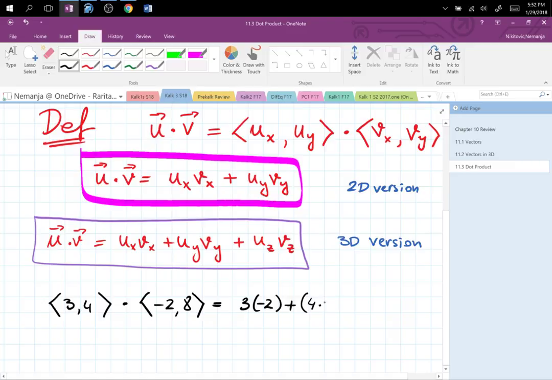So now it's going to be plus 8 times 4. So I have -6 plus 32, which answer is? Very good. That's why I'm writing it. I'm just writing everything down. No, you're right. 26. That was correct.